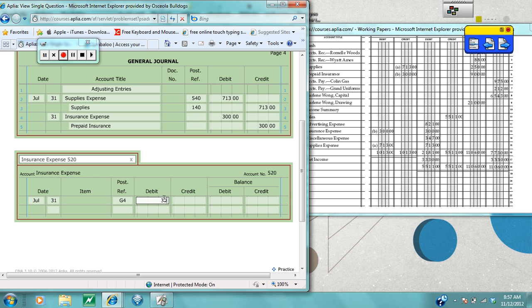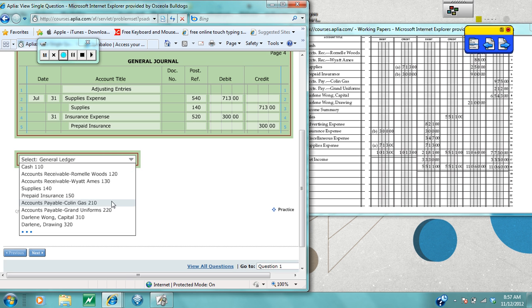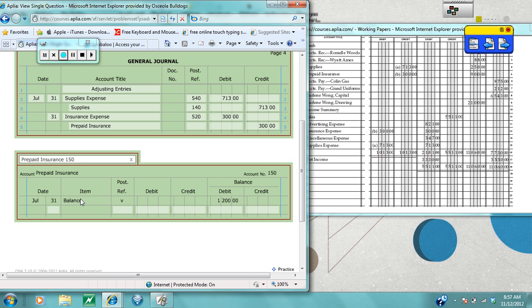Then we carry it over, $300 balance. We take the account number, 520, sorry. Put it there. Then we go to prepaid insurance. Journalize that, the 31st. It's crediting it for $300.